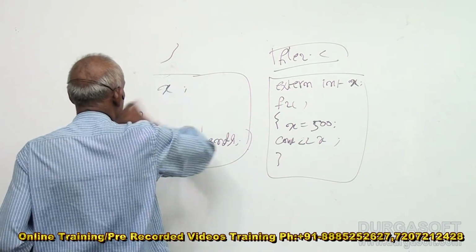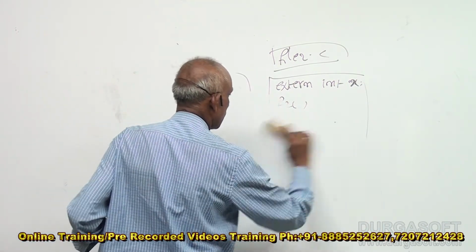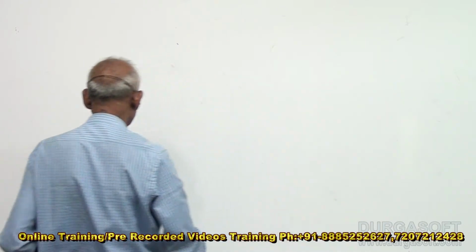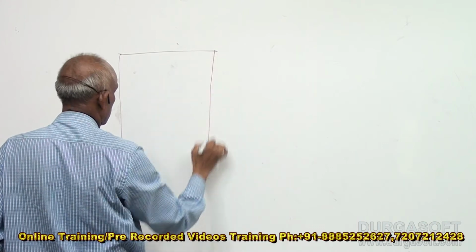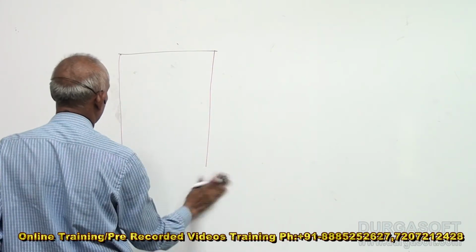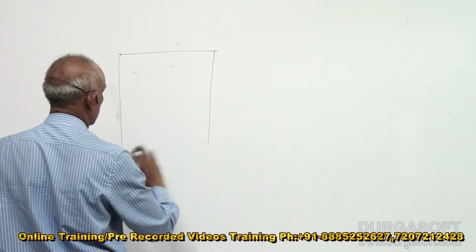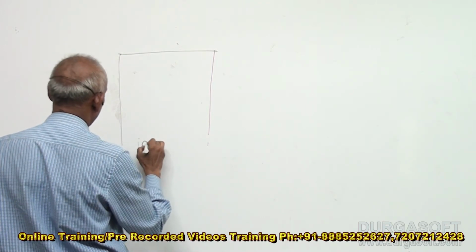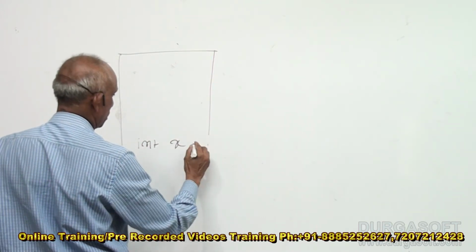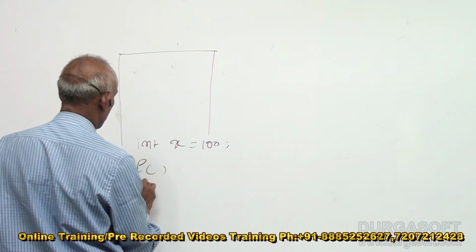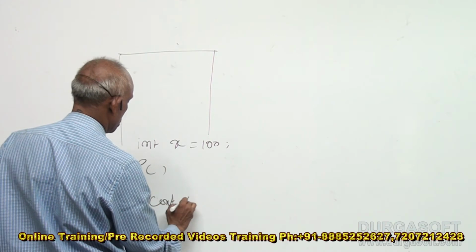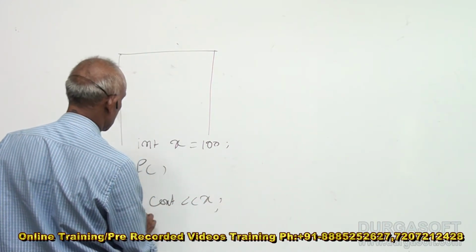The other one is: suppose I declare a variable int x is equal to 100 here, and use it in a function, cout x.